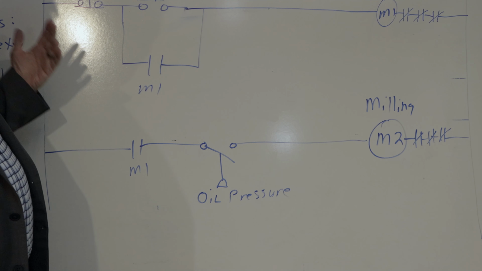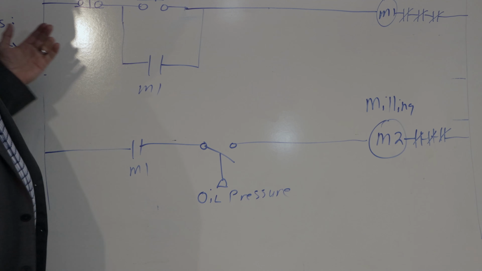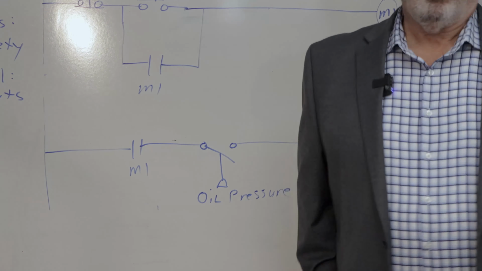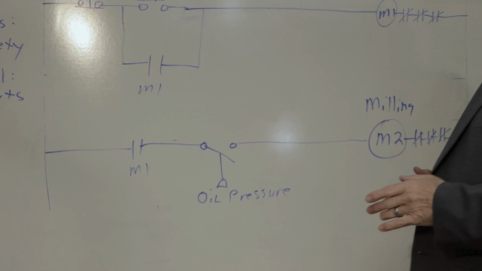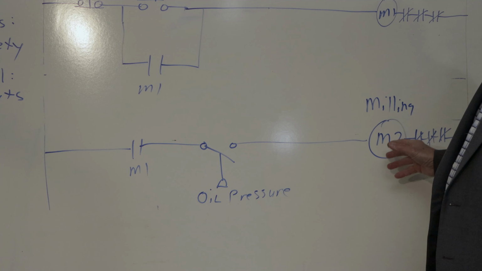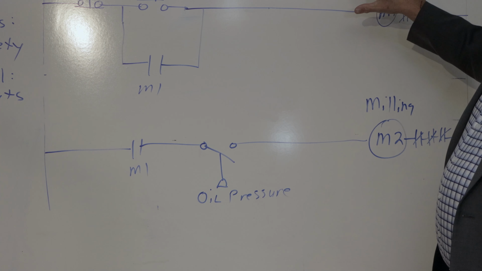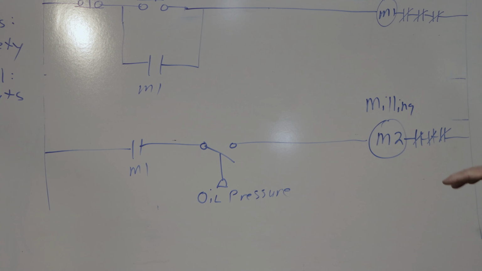Now this is another convention. We call this an interlock. It's like when we learned logic, when I was in school, we talked about if, then. If the milling machine is running, then the oiler is running. So it's not just a drawing anymore.